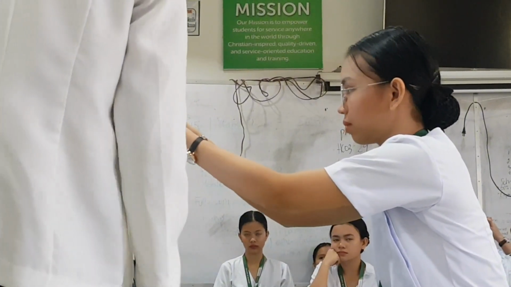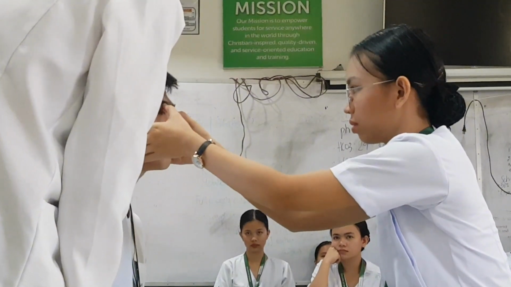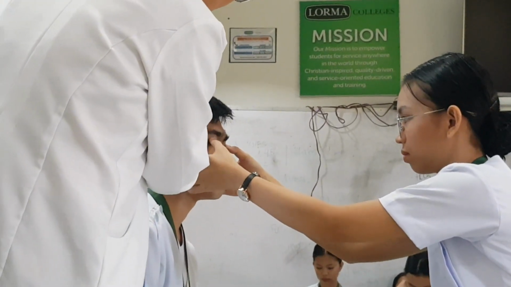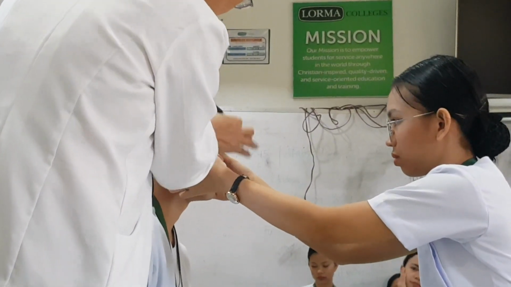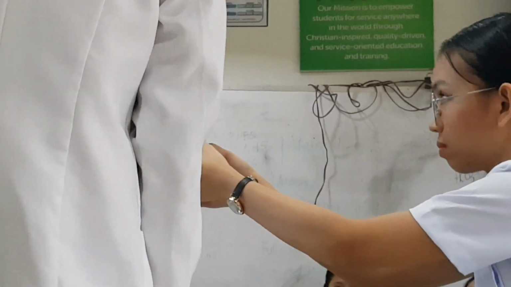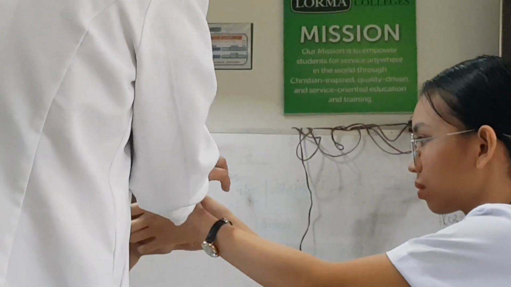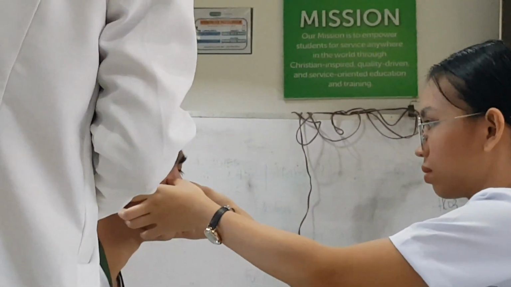And then, puncta, sige lang, may masakit ba? Ito lang yung lacrimal. Then, ang puncta dito sa taas, and then dito sa baba. Then, sa baba, puncta, and then into your lacrimal duct. Can you feel any pain, sir?